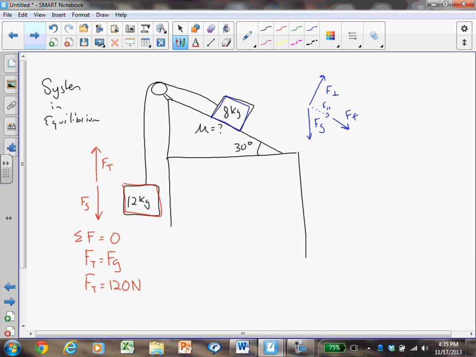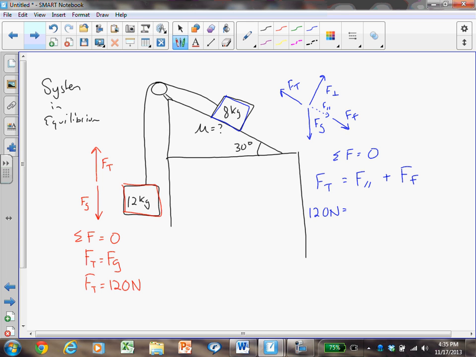So in this case, we also have tension up like that. Okay, and if we do the sum of the forces equals 0, Ft must equal F parallel plus Ff. Now we know what Ft is. It's 120 newtons.